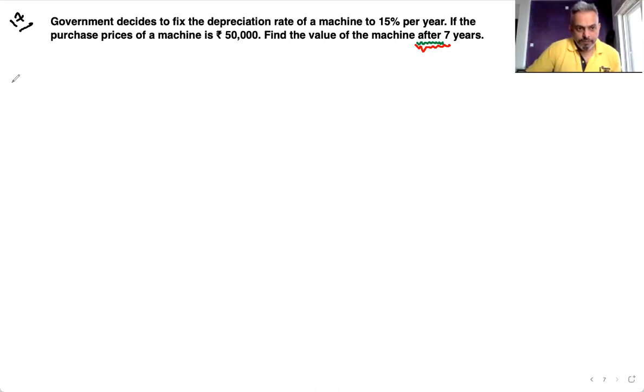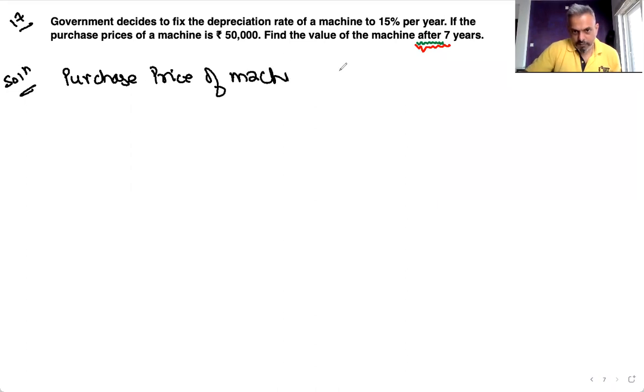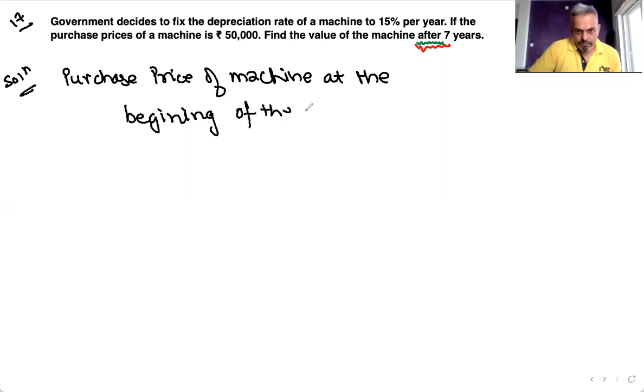Now, solution. Purchase price of the machine, you must write this at the beginning of the year.